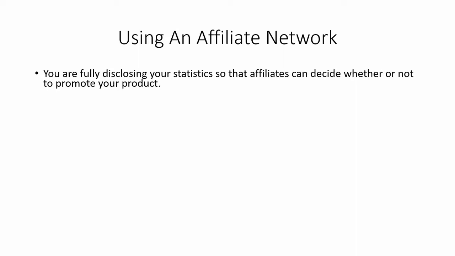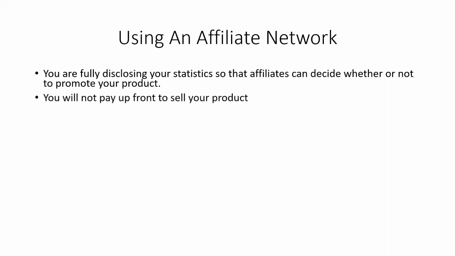So even if you decide that you're only going to use the network in order to deliver your product, if you're going to have all these settings turned on, you're going to be listing your statistics to the public, right?